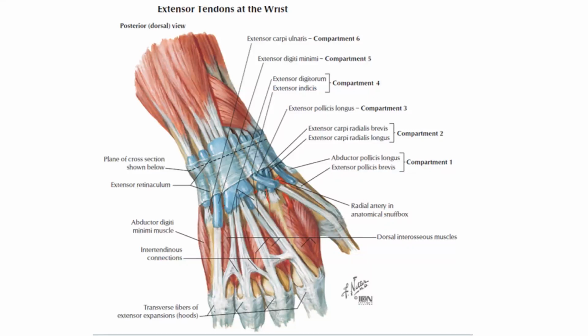Three is the extensor pollicis longus. Four is the extensor digitorum communis together with the indicis proprius. Then you have the extensor digiti minimi, and then you have the extensor carpi ulnaris. These are all tunnels through which the tendons pass.